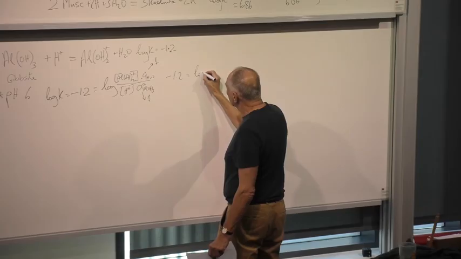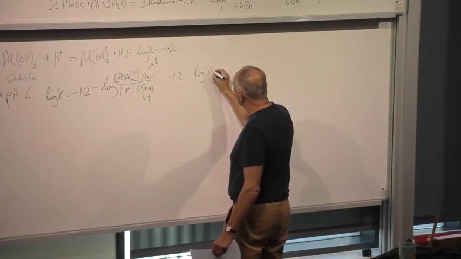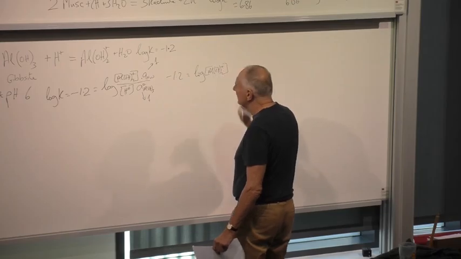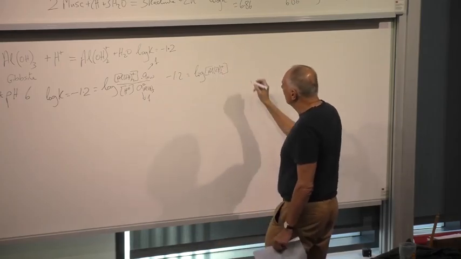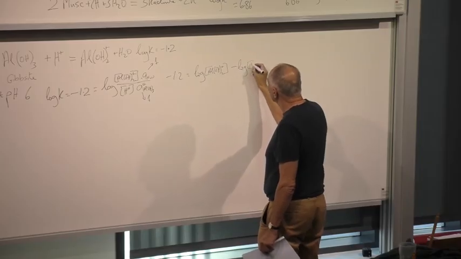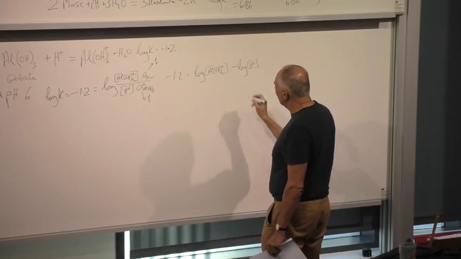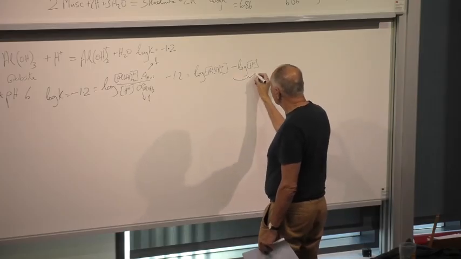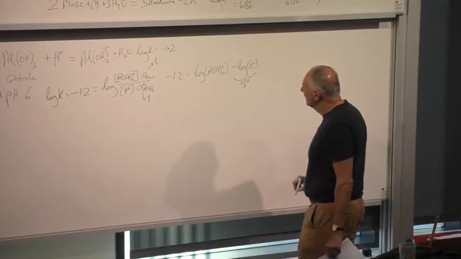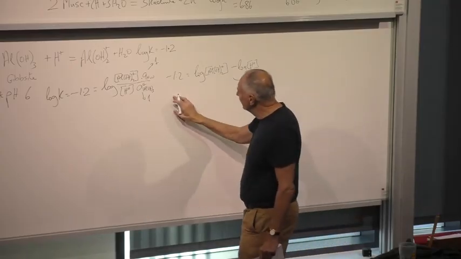So that will be log AlOH2 plus minus log H plus. So that there is pH. Plus pH. So at pH 6, we put 6 on the other side.